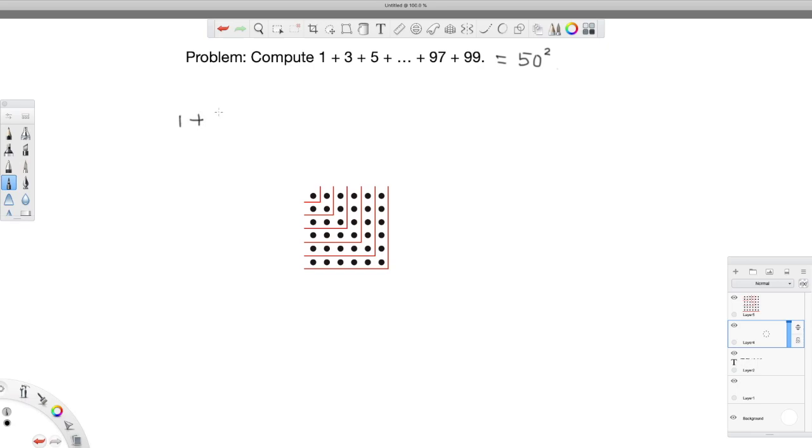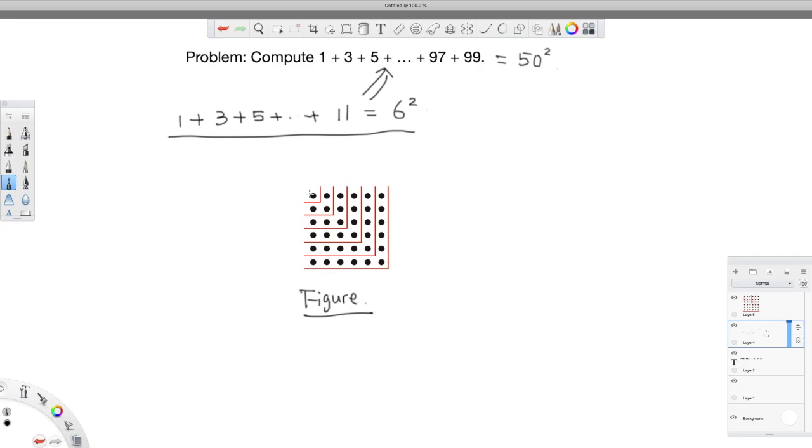1 plus 3 plus 5 plus all the way to 11 is going to equal 6 squared. Okay, and the generalization from this to this is just going to be making the figure bigger. But let's consider the following figure, this figure, in the center.